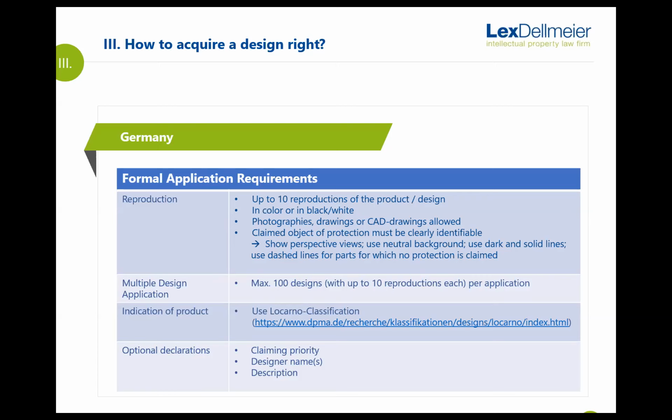So if you would like to file a German design application, let's say today, 1st July, you can use the priority date of another design application that you filed, for instance, in France on the 15th of March. That's possible. 6 months before the application date.